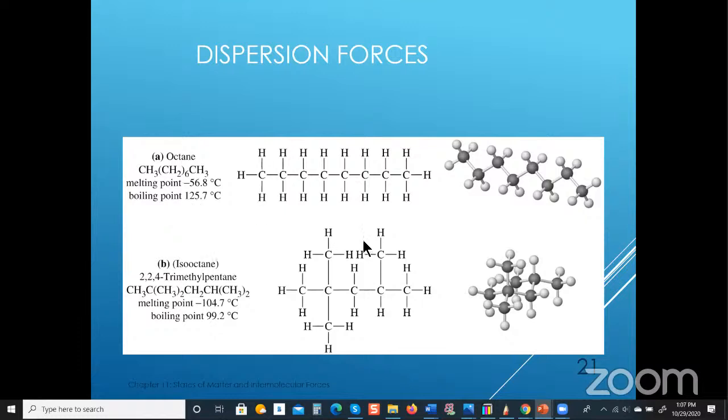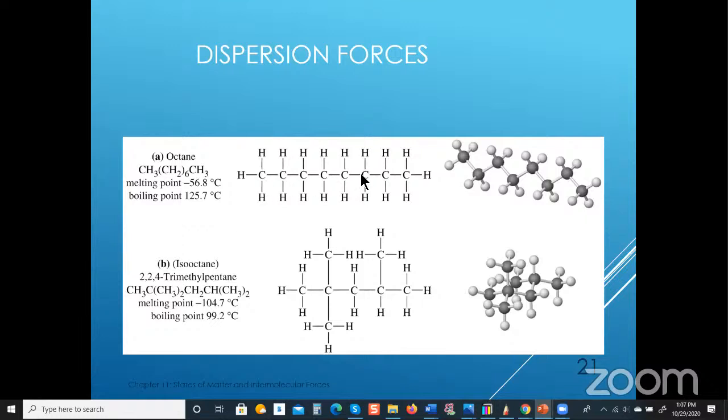I'm not sure if I explained that clearly, but basically the branching that exists in isooctane does not allow the molecules to be closer to each other. Therefore the London forces in isooctane are weaker compared to the London forces in octane, which is basically a chain.